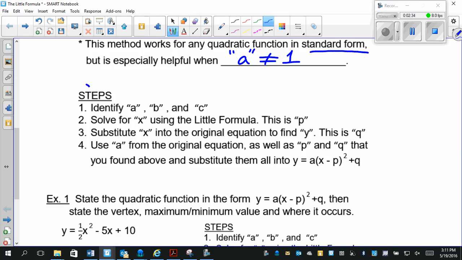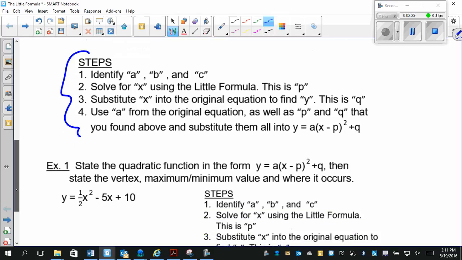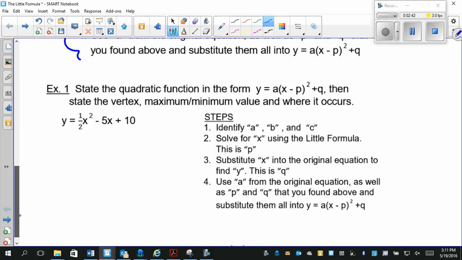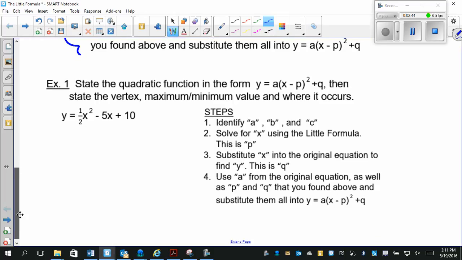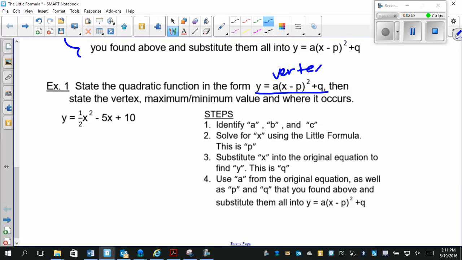They're listed beside each question down below here, so we'll just kind of follow the steps as we work our way through. So in example 1 here, state the quadratic function in the form y equals a bracket x minus p squared plus q, so vertex form. And once you have it in vertex form, then they want us to state the vertex, the maximum and minimum value, and where it occurs.